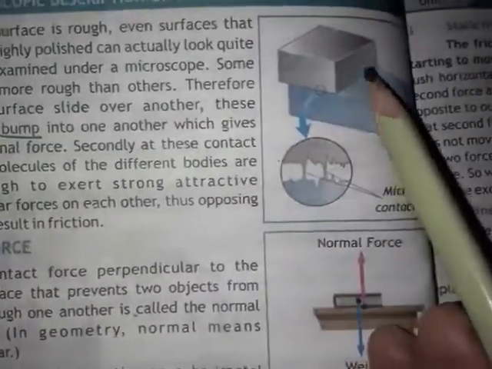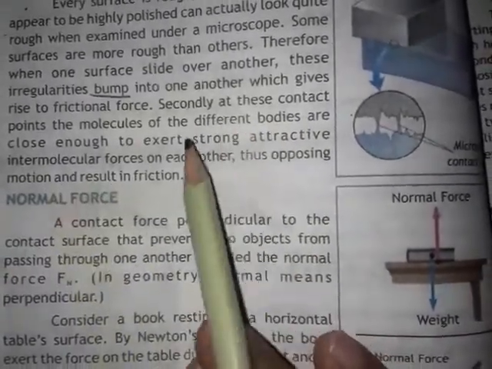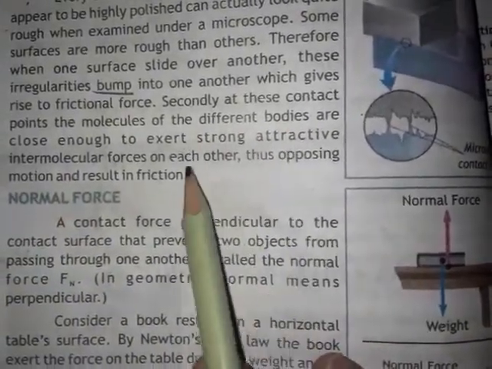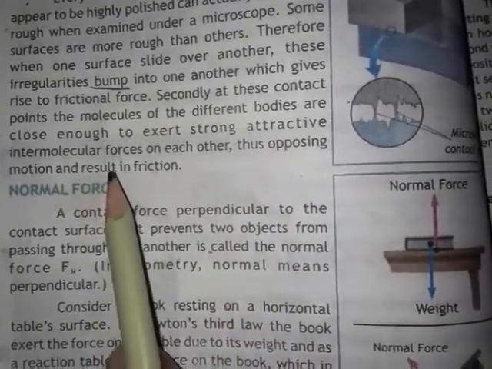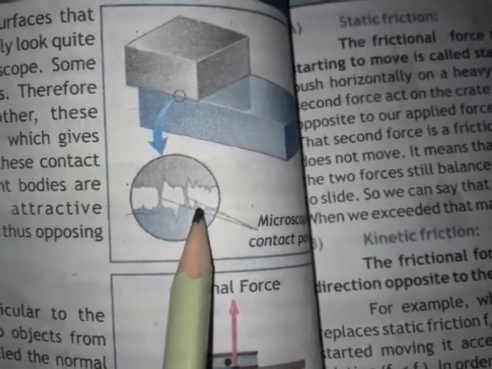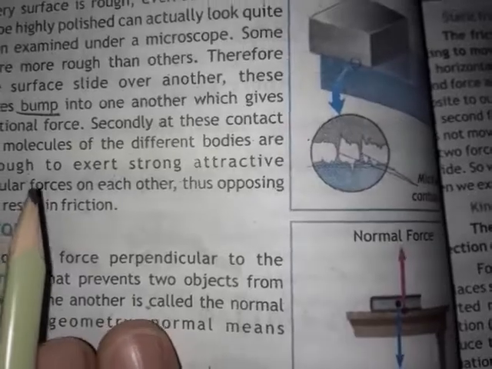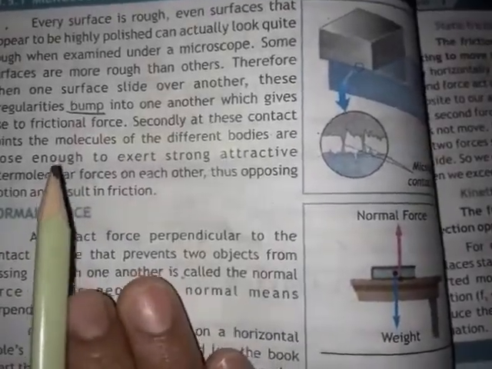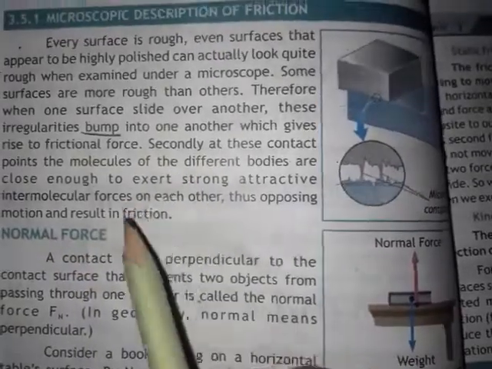When the two surfaces come in contact with each other, there are strong intermolecular forces between them, which oppose each other's motion and result in friction. This is the microscopic view of a plane surface under the microscope, that this surface is extremely rough. That's why there is a hindrance in the motion of the object over the plane surface. When ice and ice come in contact with each other, there will also be friction.